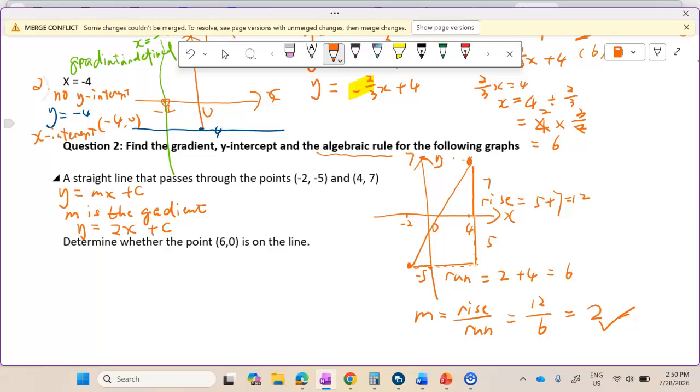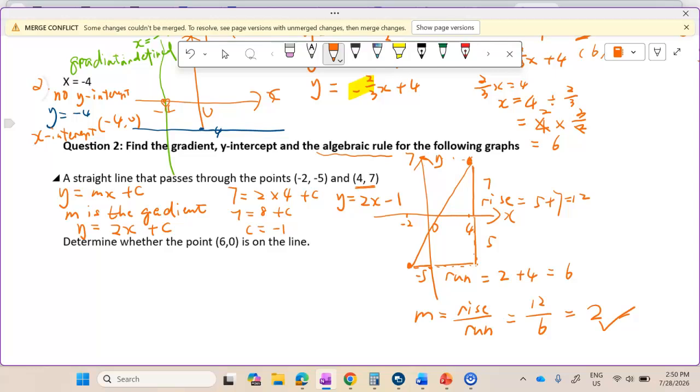So we will substitute one of the values back into the equation. So 7 equals 2 times 4 plus c. 7 equals 8 plus c. So c will be -1. Now we know what m is, what c is. The equation will be y equals 2x minus 1.